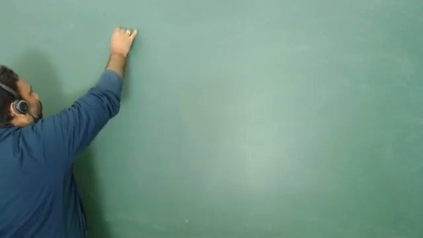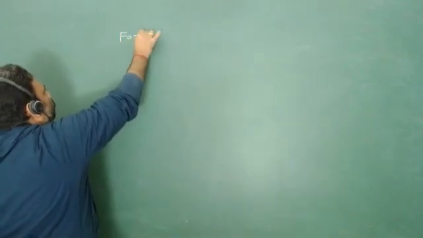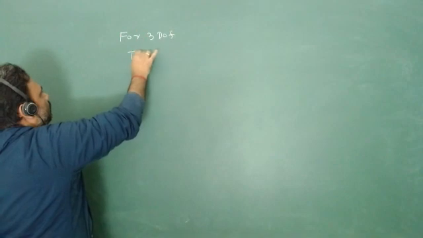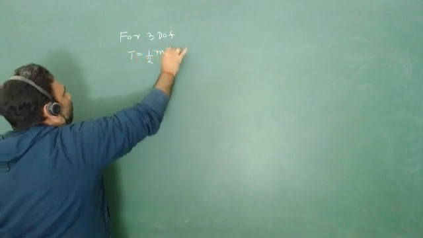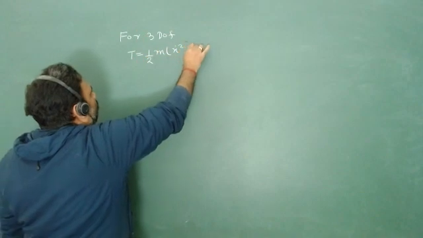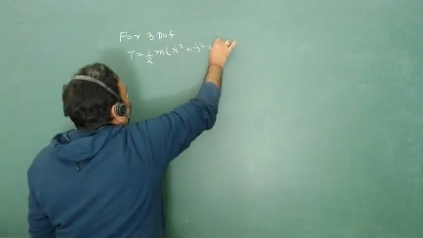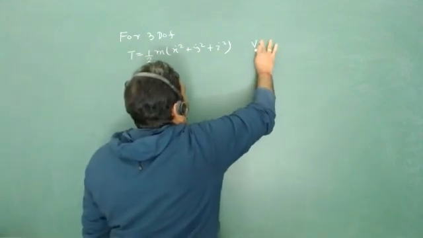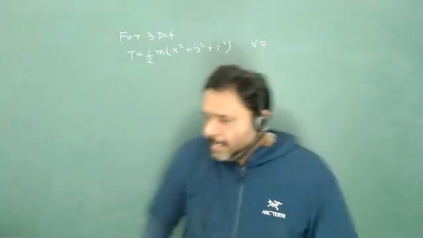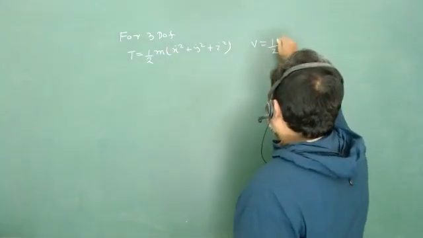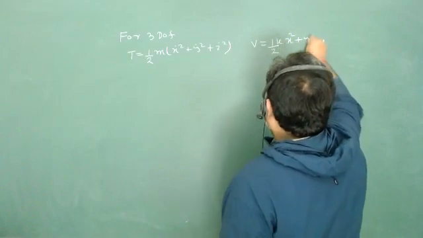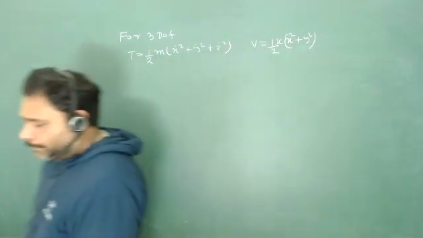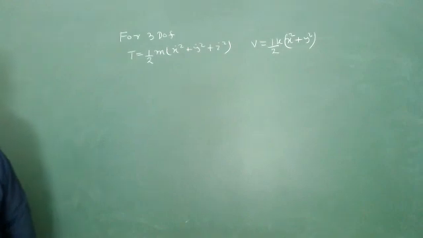So for 3 degrees of freedom, I am giving you the kinetic energy as half m (x dot square plus y dot square plus z dot square), and potential energy is half k (x square plus y square). Now, can it be possible? Is this possible? Can this happen?